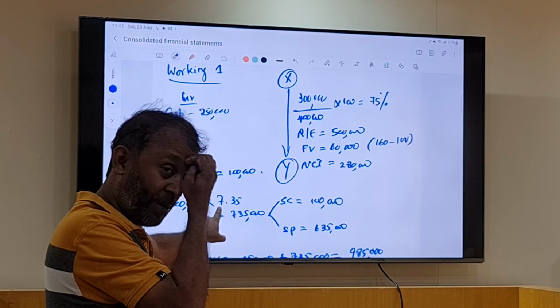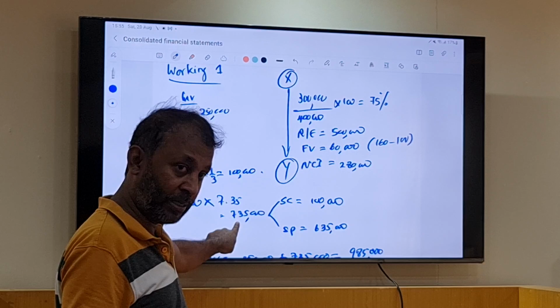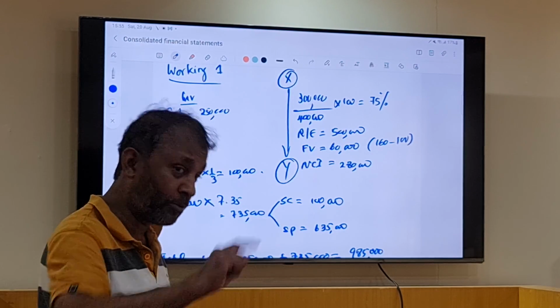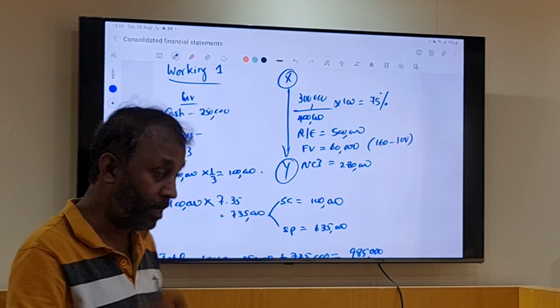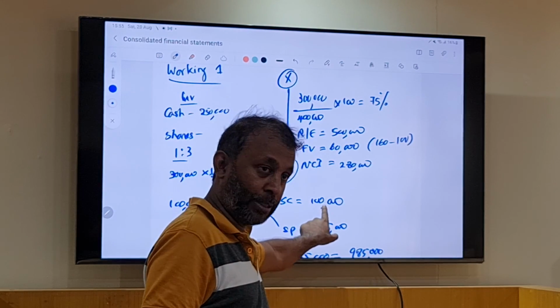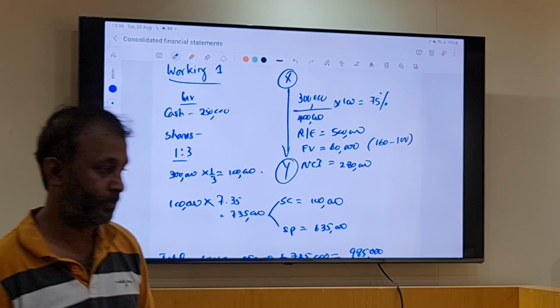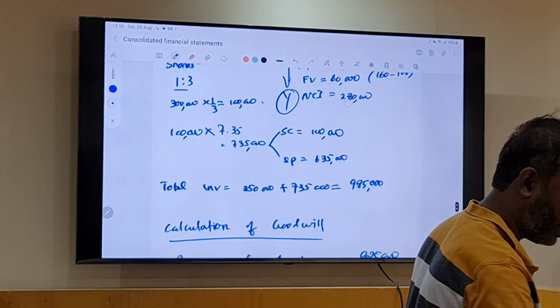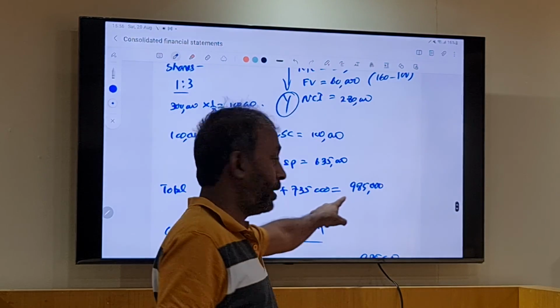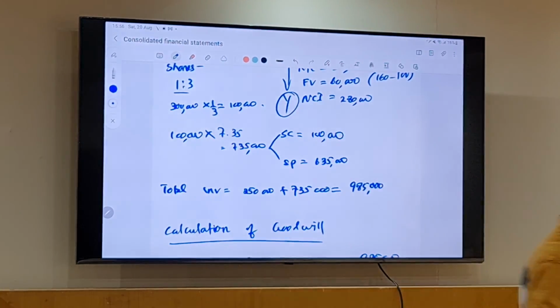So 7.35 into 100,000 is 735,000. The par value of the share is $1, so 1 into 100,000 is my share capital. The difference between this and this becomes share premium. So the total investment is 985. Clear?